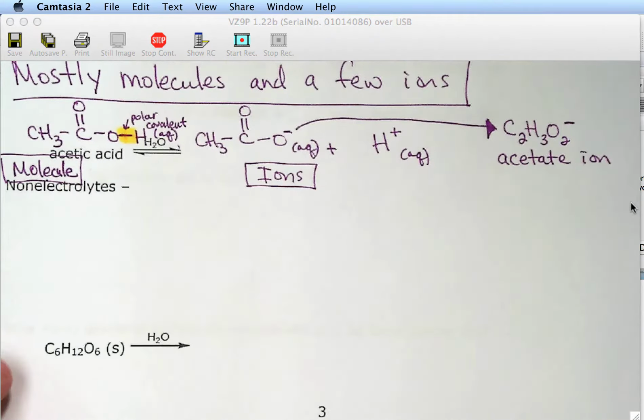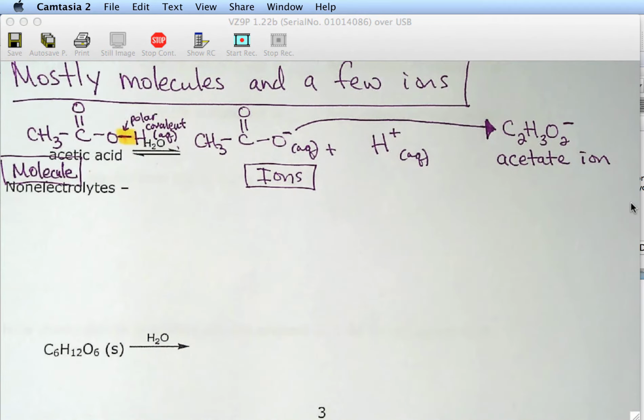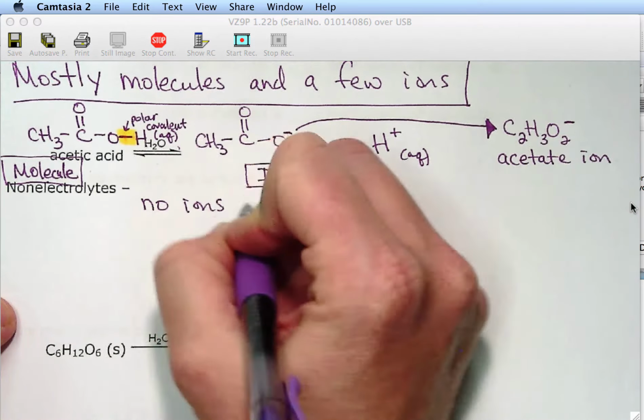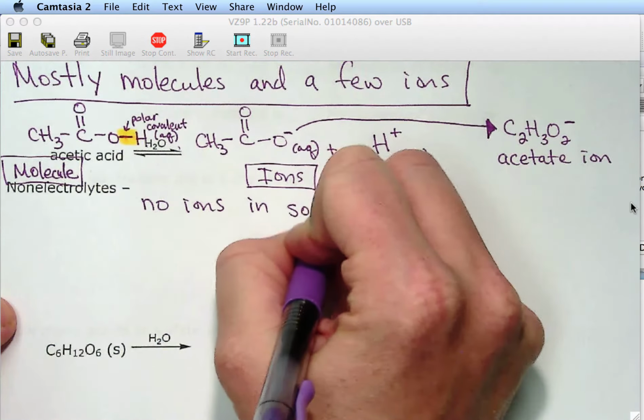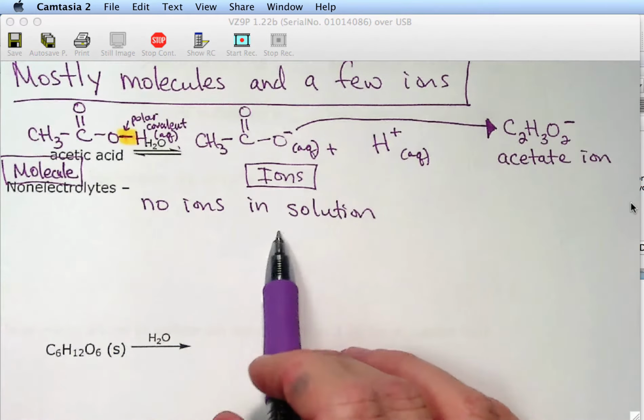Okay, now the last class of electrolytes would be the non-electrolytes. Do you think they form ions? No. So no ions in solution.